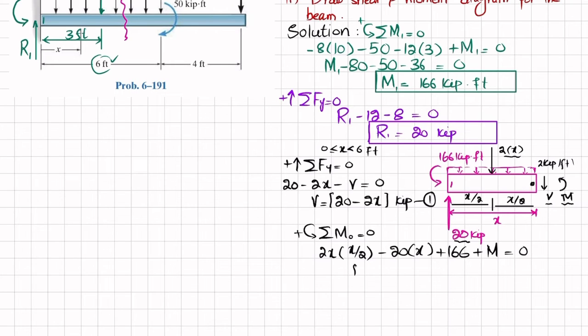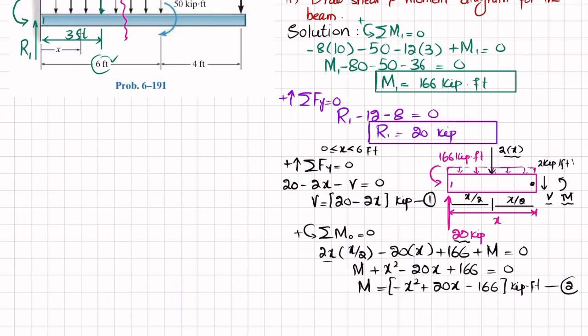So from here you will get M plus x square, because 2x into x by 2 will be x square, minus 20x plus 166 is equal to 0. So this moment equation will be equal to minus x square plus 20x minus 166, and the unit will be kips-feet, and this is equation number 2.